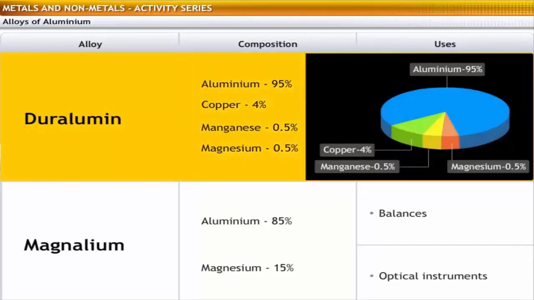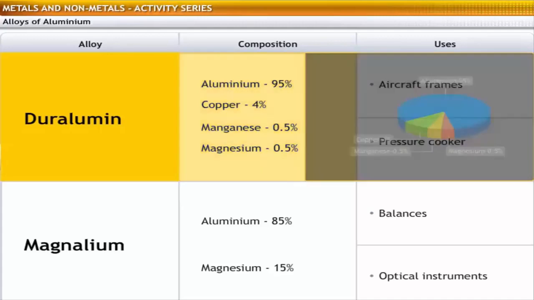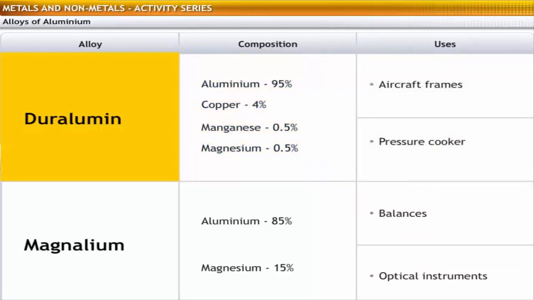Duralumin is composed of 95% of aluminium, 4% of copper, 0.5% of manganese and 0.5% of magnesium.